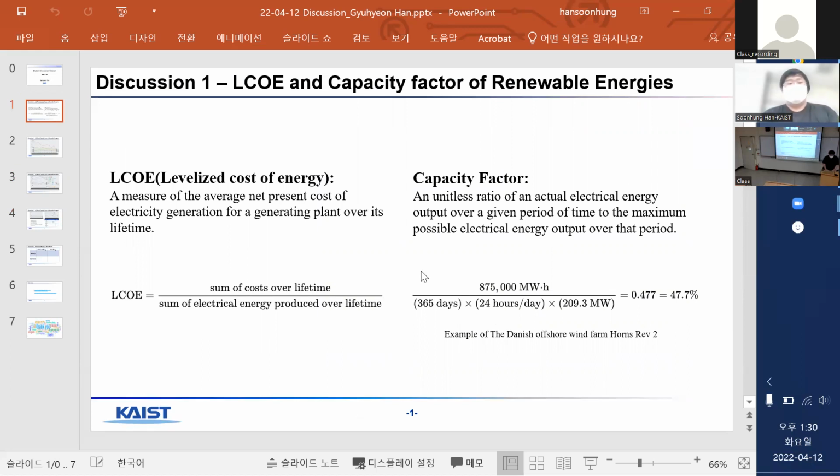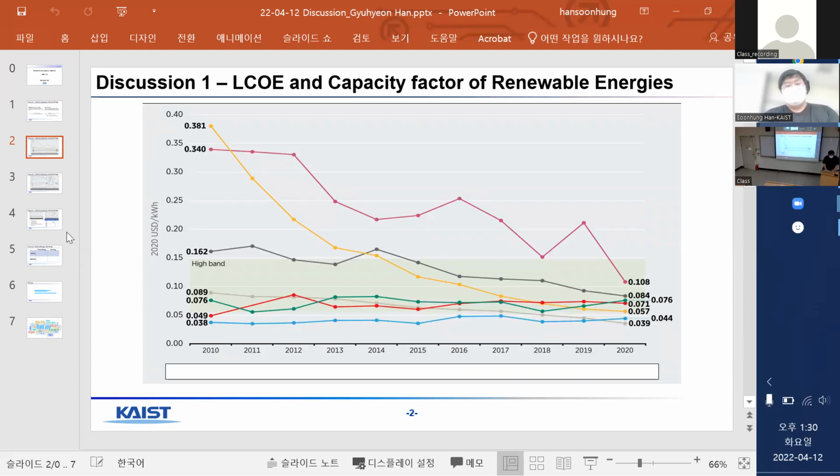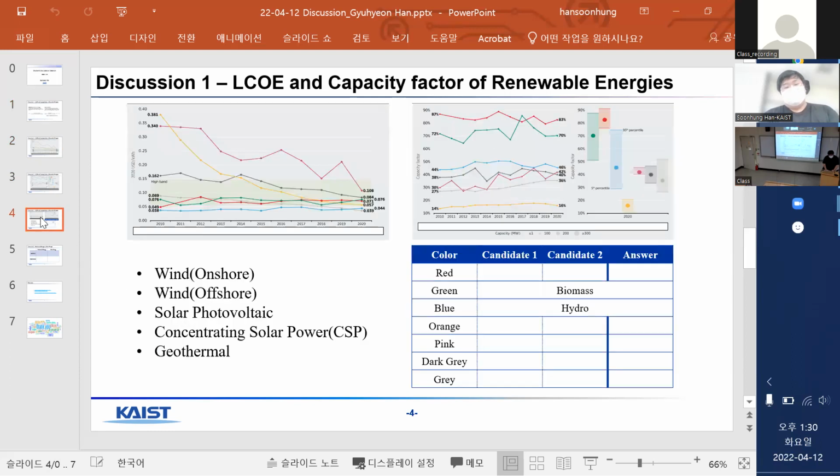There are two types of solar power, solar photovoltaic and concentrating solar power. So I think these two have a similar factor, and I think these two will be pink and dark gray. What do you think about pink for solar photovoltaic?